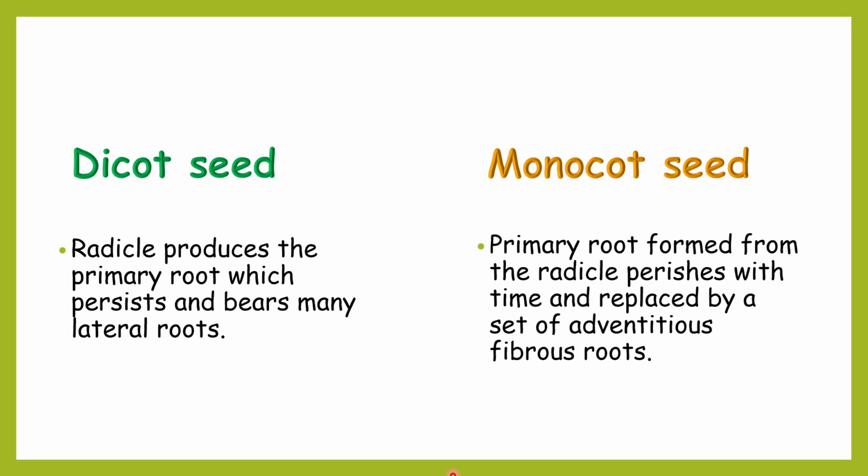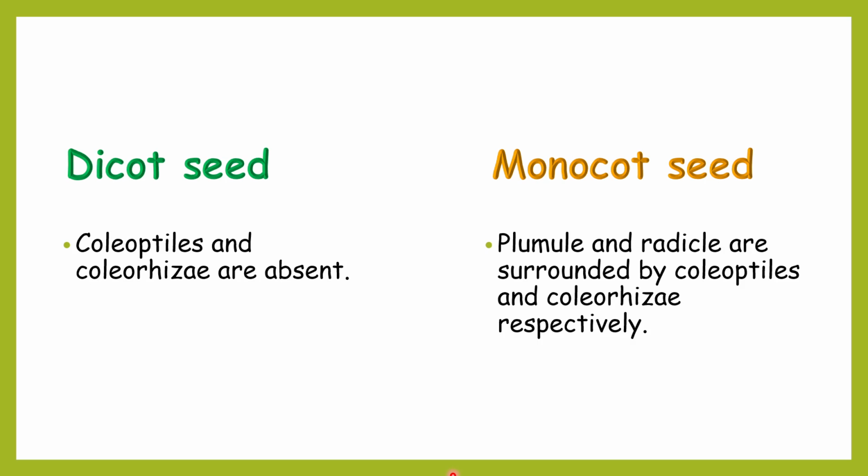In terms of the monocot seed, the primary root formed from the radicle perishes after some time and it is replaced by a set of adventitious fibrous roots. The dicot seed does not have a protective sheath called coleoptile and coleorhiza.